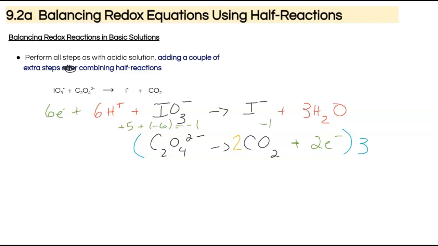I've got 3 oxalates reacting to make 6 carbon dioxides plus 6 electrons. Okay, I'm going to take a quick pause to copy and paste those into the next section so we can look at the additional steps we would need to take in order to balance this in basic conditions.